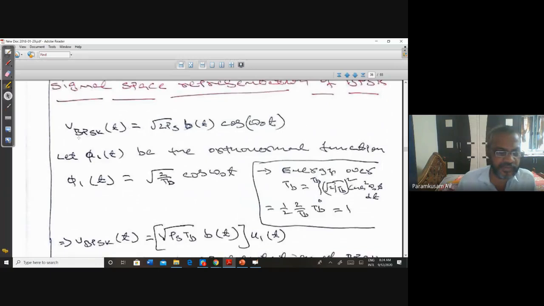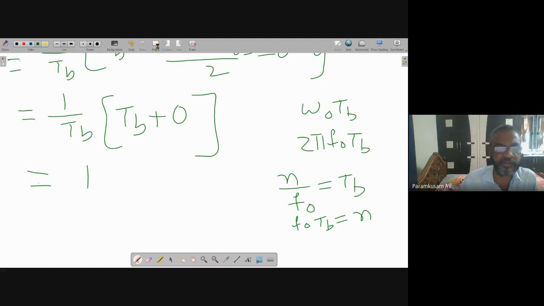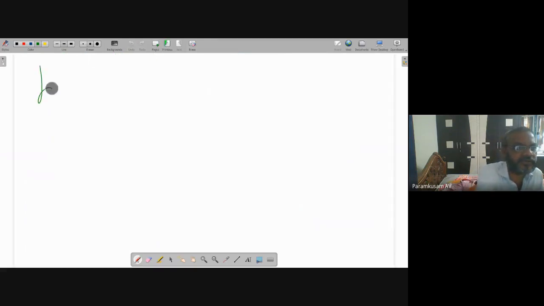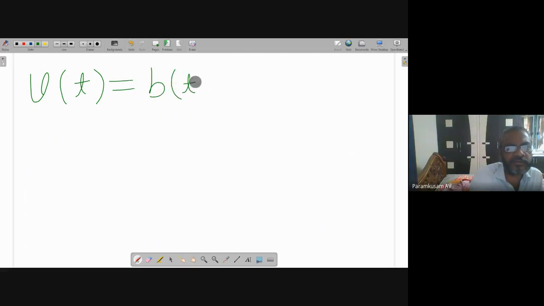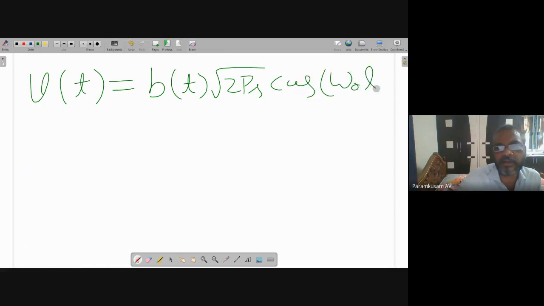We know that the DPSK signal is represented as v of t is equal to b of t into root 2 Ps cos omega naught t. Sorry, the phase shift keying signal is represented simply as v of t is equal to b of t into root 2 Ps cos omega naught t.